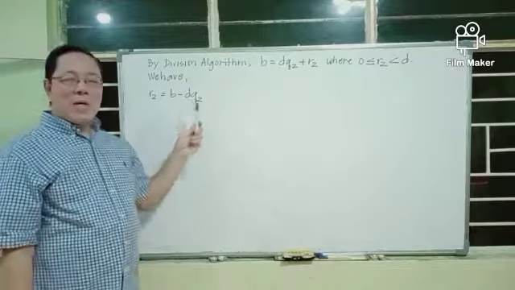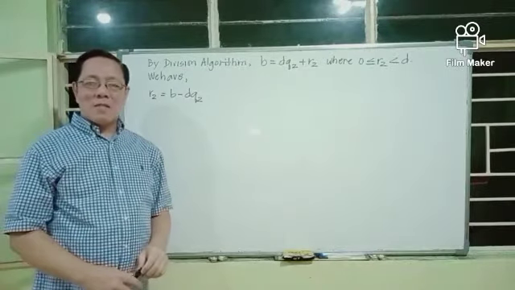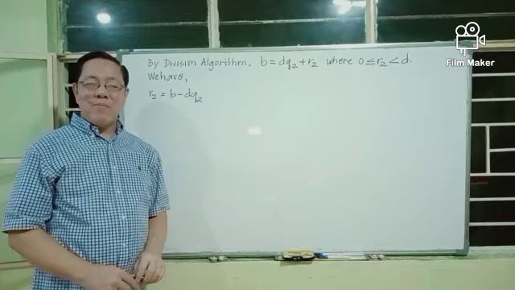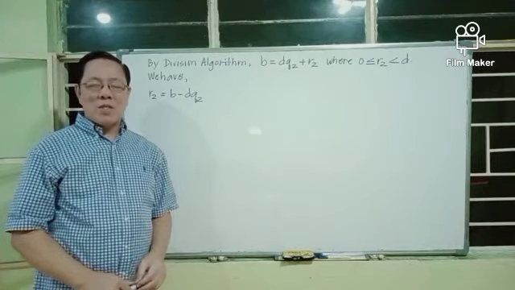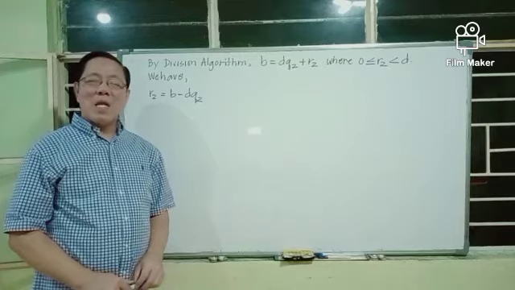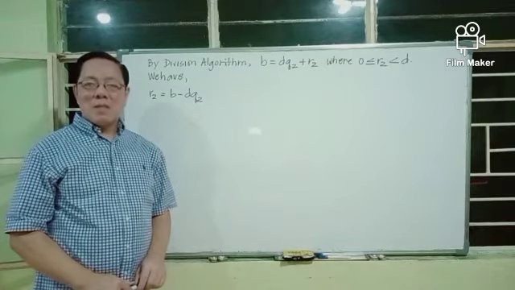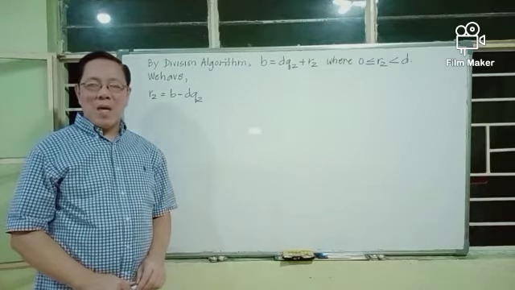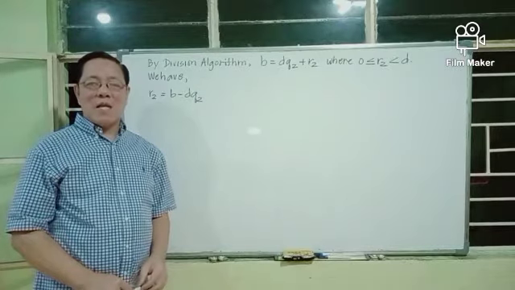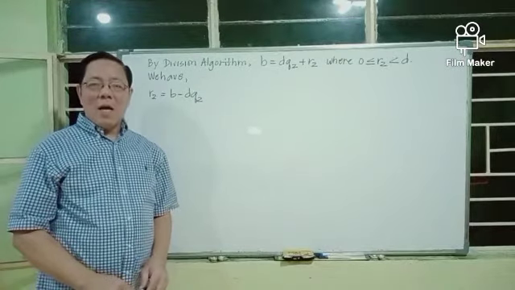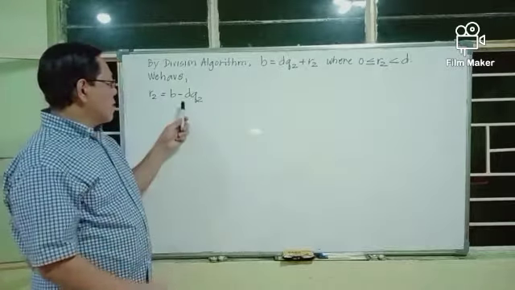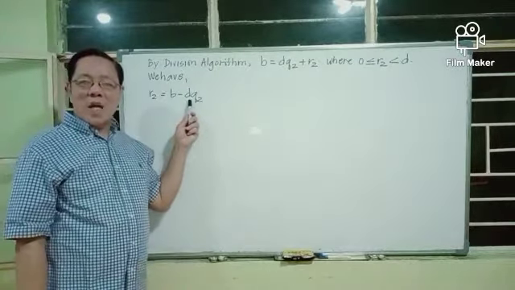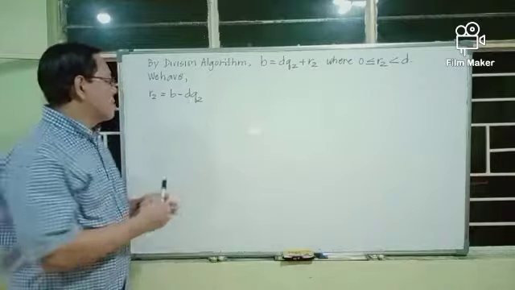And earlier we let D be the smallest element of Q, and the elements of Q are linear combinations of A and B, and we let D equal the linear combination of A and B for some integers S and T, and we let D equal SA plus TB. In this equation, we now replace D with SA plus TB.